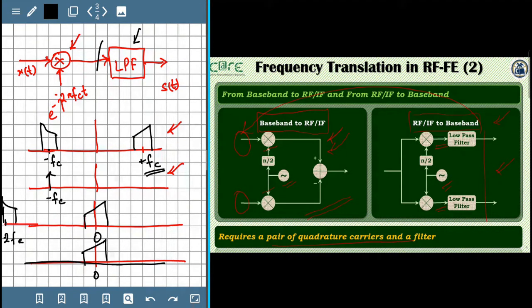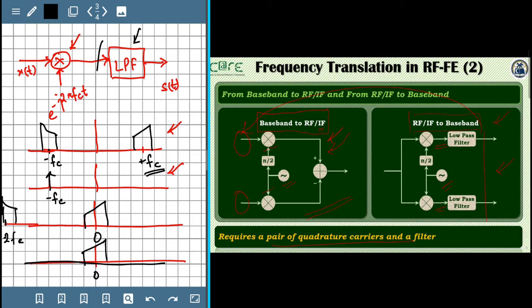Now proceeding further in this task of frequency translation, if we are going for an intermediate frequency approach where the baseband signal is converted first from the baseband to an intermediate frequency, there needs to be an extra step converting a real valued IF signal to the RF signal.